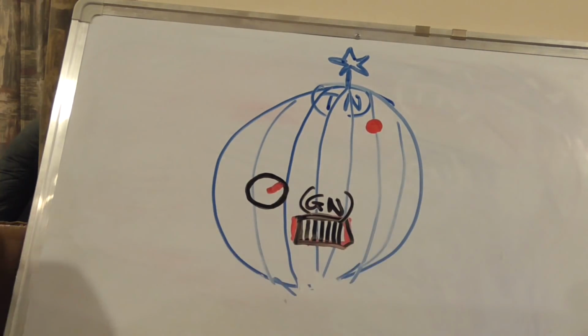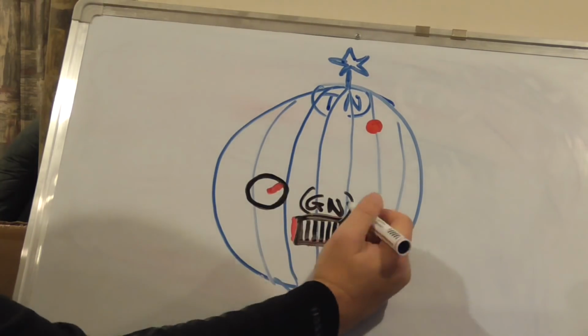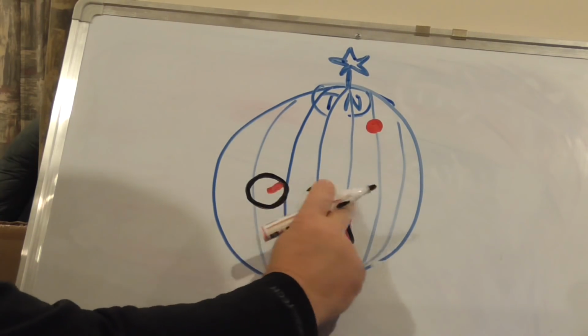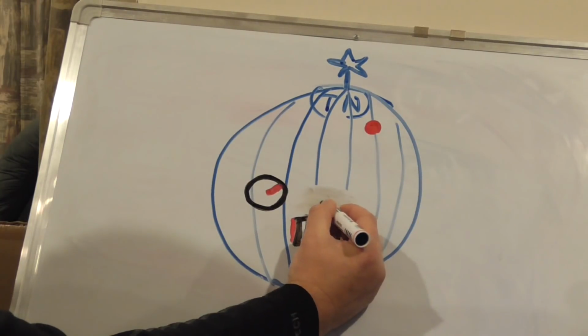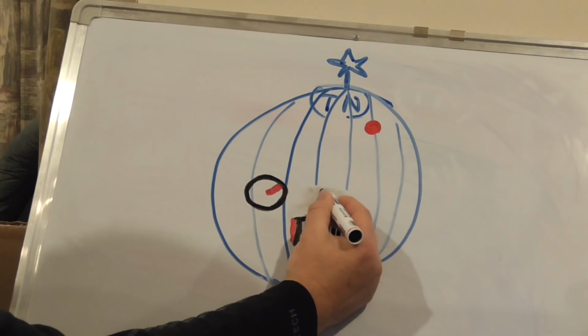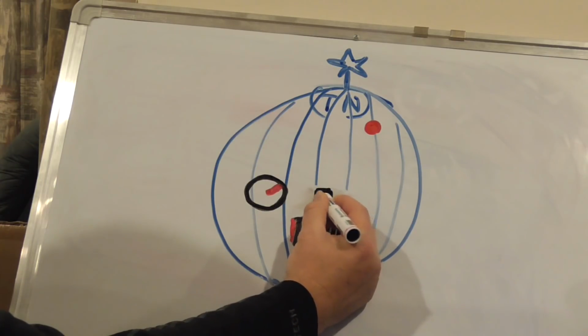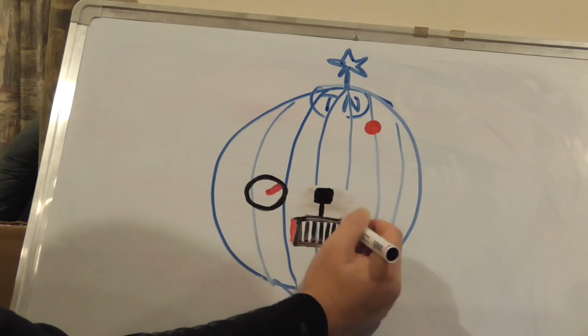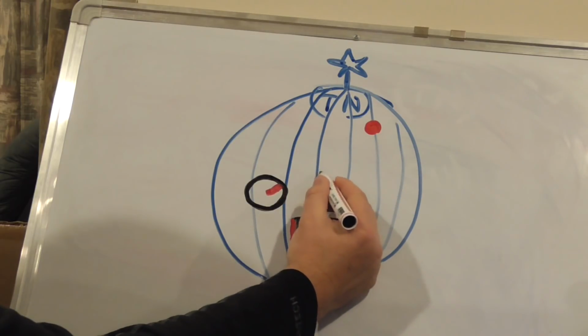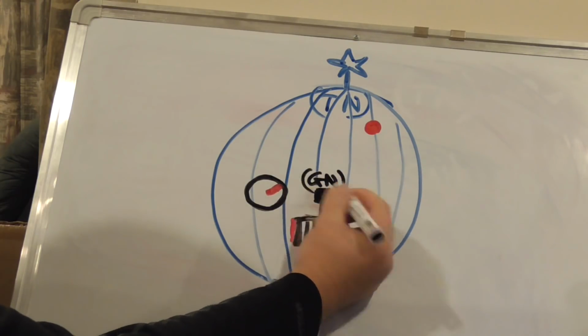Let's do grid north, let's just get rid of that a little bit first. Grid north would be like this with our square. Looks like that. Alright, grid north.